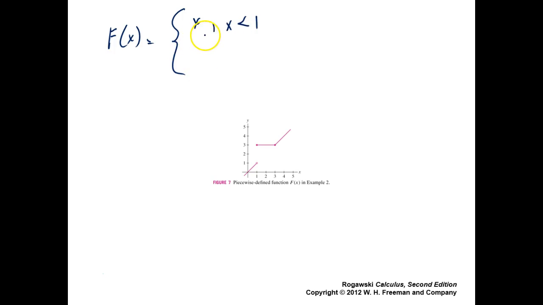It's defined to be 3 for all values 1 less than or equal to x less than or equal to 3. And it's defined to be x again for all x's greater than 3. Okay.